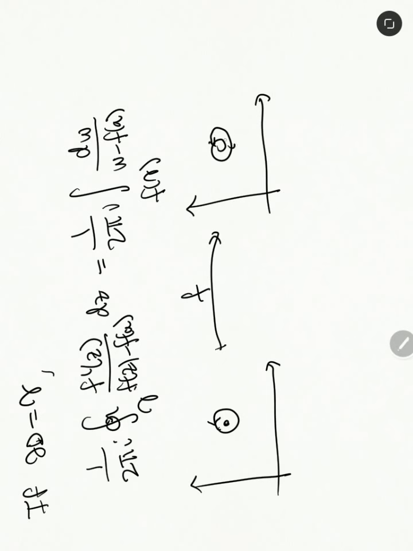The picture that I've drawn is something with multiplicity 2. If this is a, and this is f of a, then the topological multiplicity here we've drawn is 2.